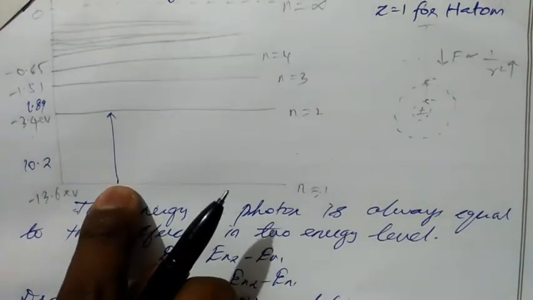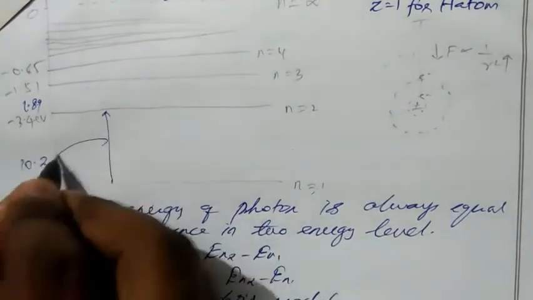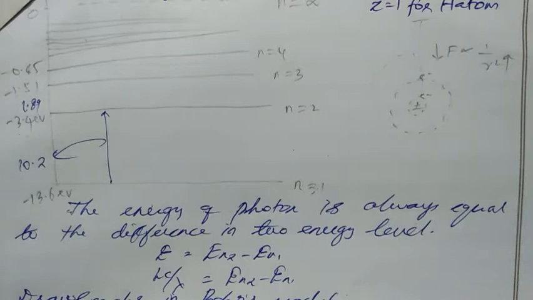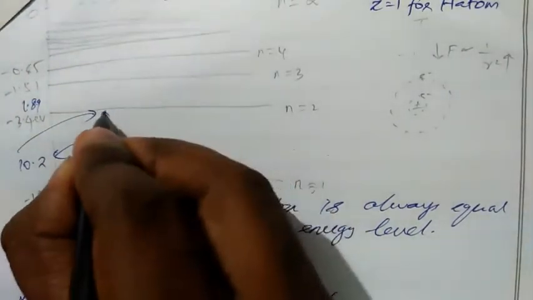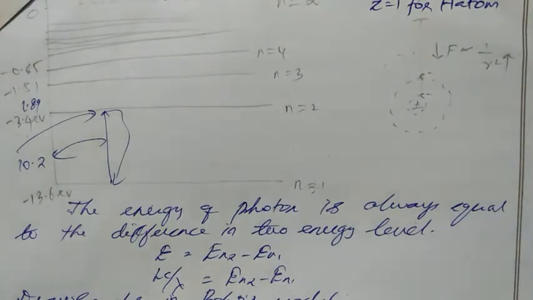While it moves back from the second orbital to the first orbital, it releases this much energy, 10.2. While it is returning to its original position, it has to absorb some energy again.